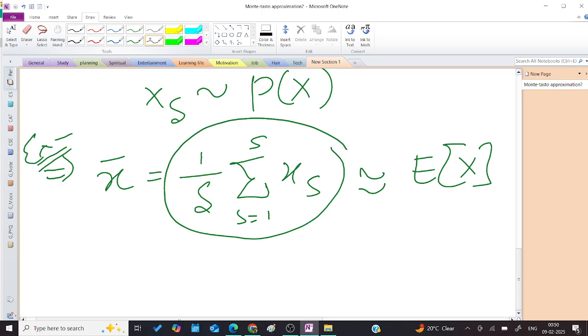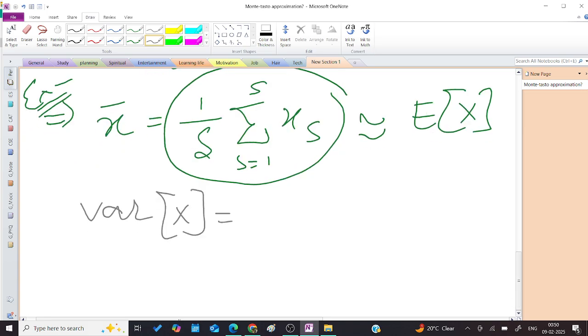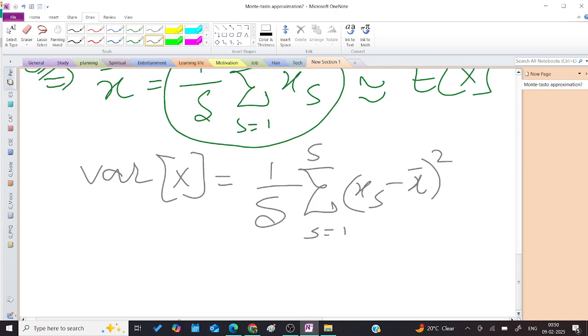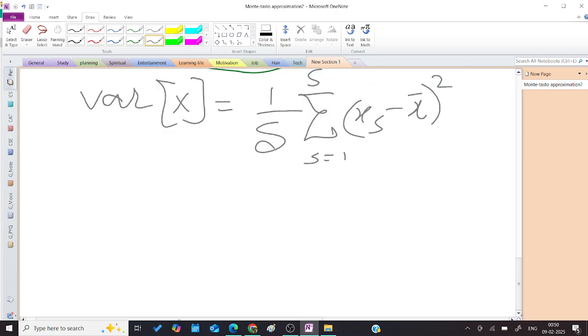Similarly, for the variance of x, we can use the formula 1 by S, sum from s equals 1 to S of (xs minus x bar) whole square, and this will give the variance.